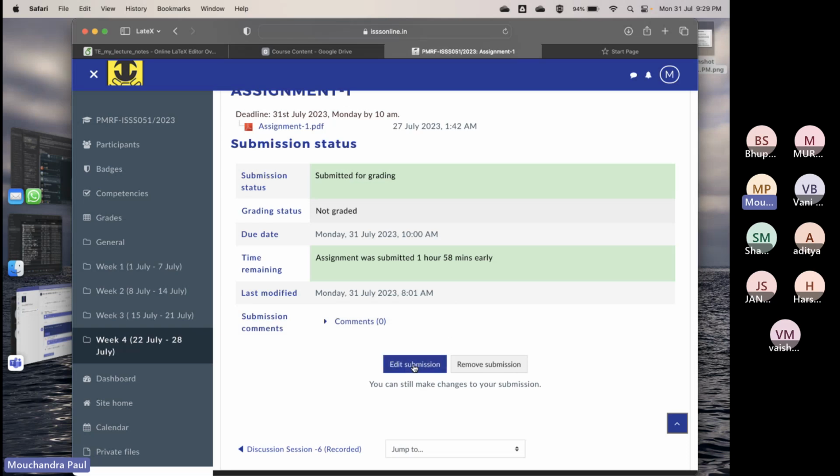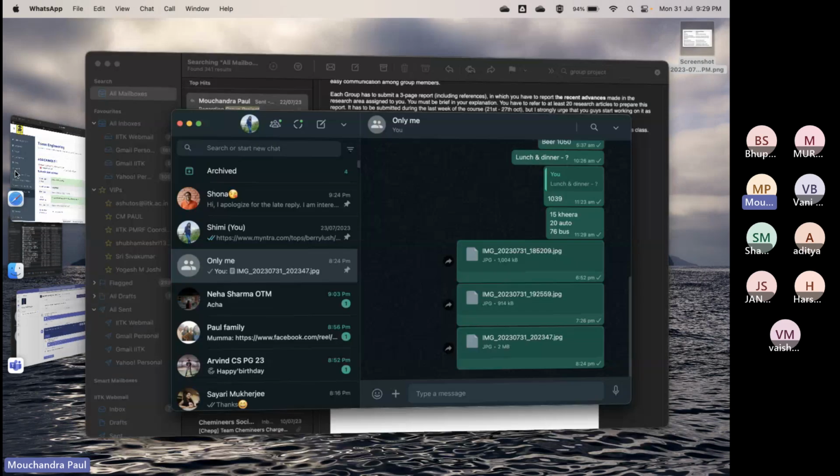Here I'm not sure why it is showing submitted for grading, but whatever. But I think some add assignment option was coming, in which you can immediately upload the file and submit. Once you have submitted, this kind of status will show, and you will also get an email that your assignment has been uploaded.